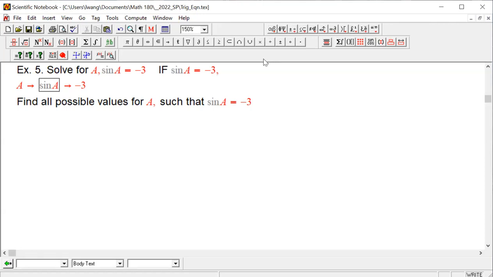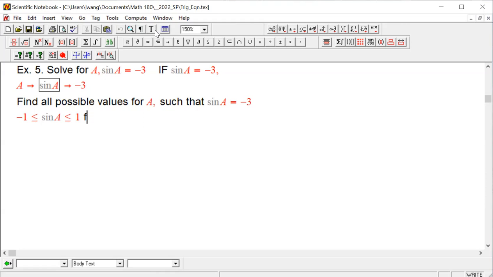You can use any method you want, but then you say, wait a second, what is the range of sine? What's the range of sine? Yes, that basic knowledge about domain and range for sine.